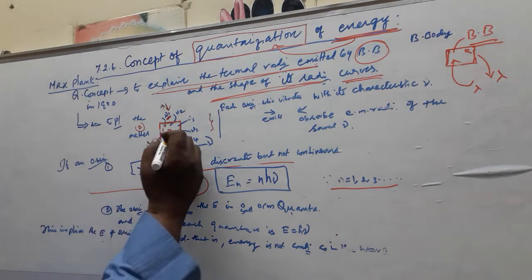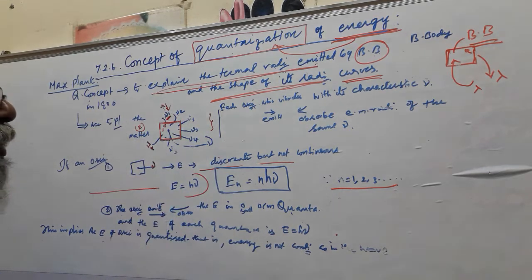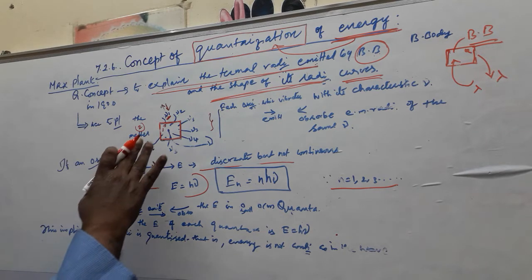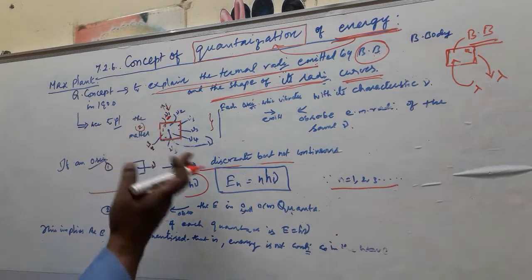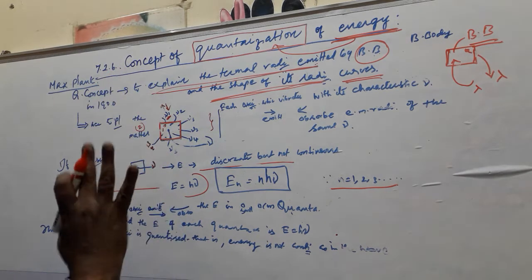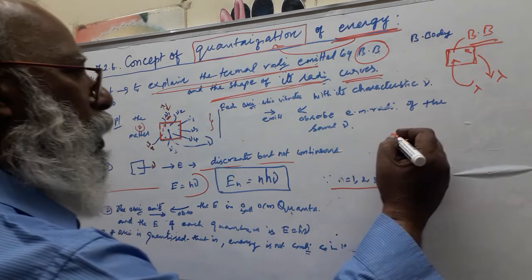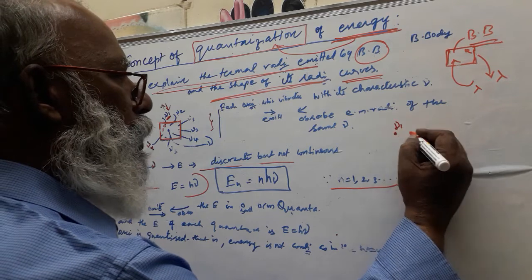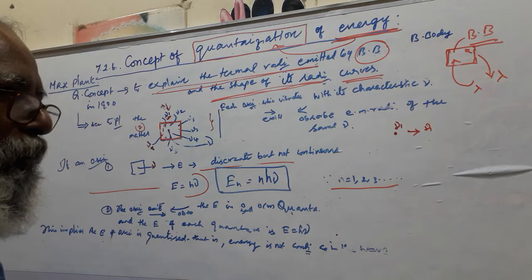If you consider particle 3, then its characteristic frequency is nu3. Likewise, each oscillator vibrates with its characteristic frequency and is capable of emitting the same frequency. When you think of an oscillator of frequency nu1, it will emit radiation of the same frequency. That's the nature of an oscillator.